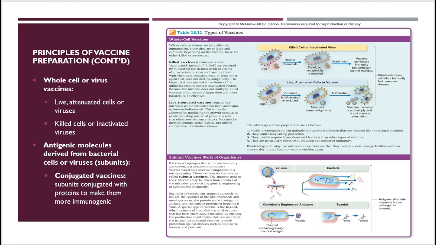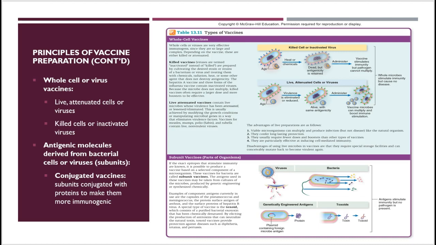A live attenuated cell or virus vaccine is a vaccine that contains live cells or active viruses that have been attenuated. And this means that their virulence has been eliminated or reduced. So they're not going to be able to produce severe disease or infection.